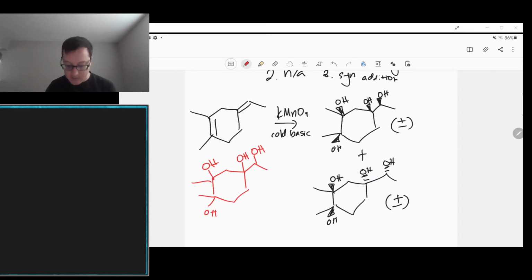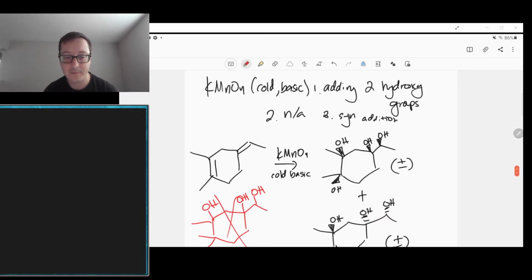There we go. Don't do this. Wrong. That only answers question 1. You have to know 3 things for every alkene reaction. You have to know what's happening, where it's happening, and what stereochemistry do you get out.